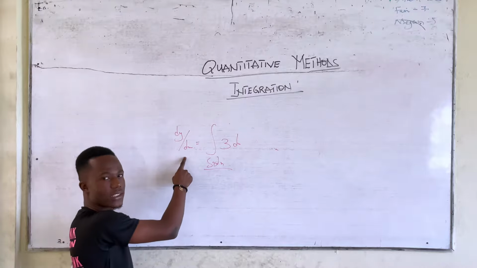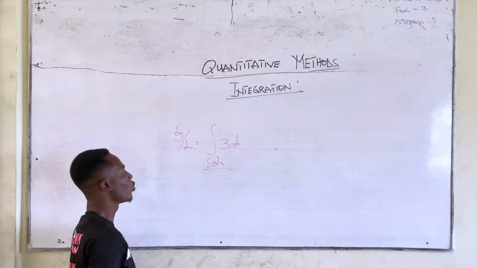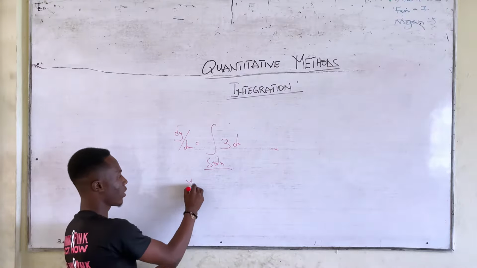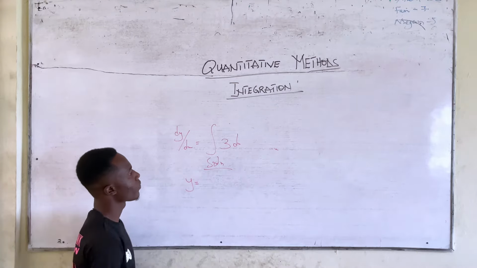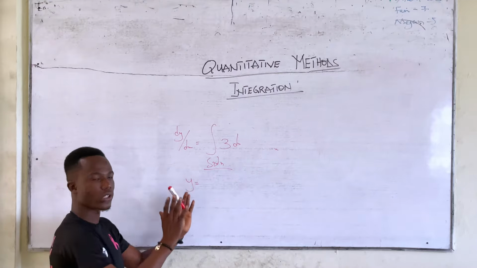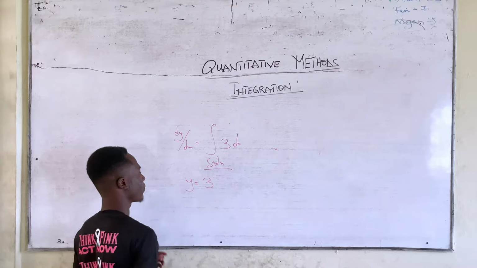Initially it was y and now it is the y dx. So when you are sending it back, you just have to write y, because you are bringing it back. Equal to, now because we have written y, the integral value is gone. 3. So you have this.